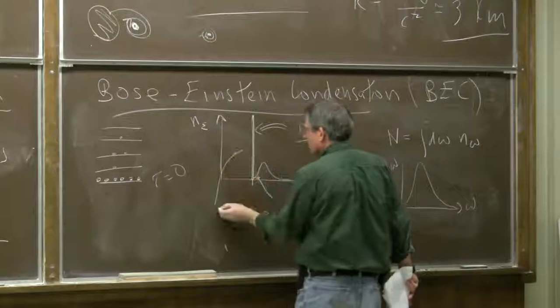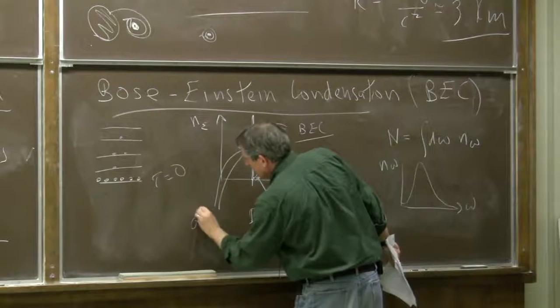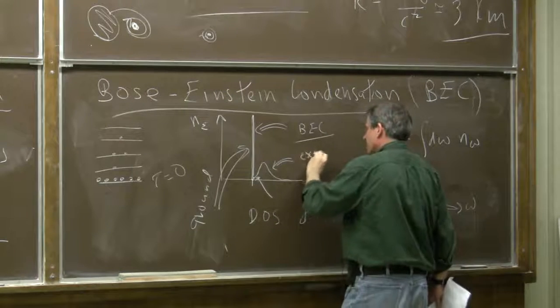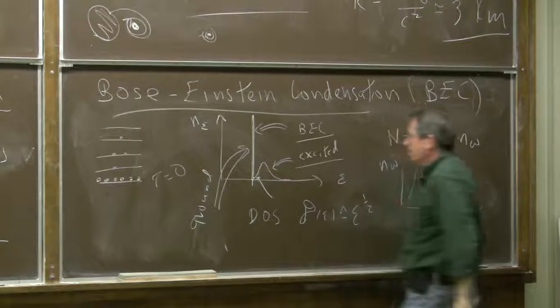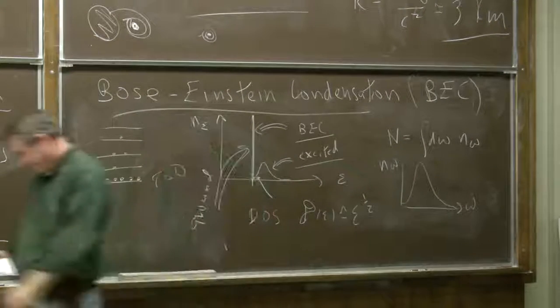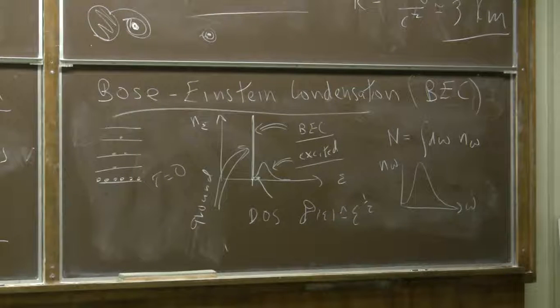All these guys are in the ground orbital, and these are the particles in excited orbitals, not in the lowest energy one. So what we'd like to do is to compute how the fraction of all the particles that's in the ground orbital behaves as a function of temperature.